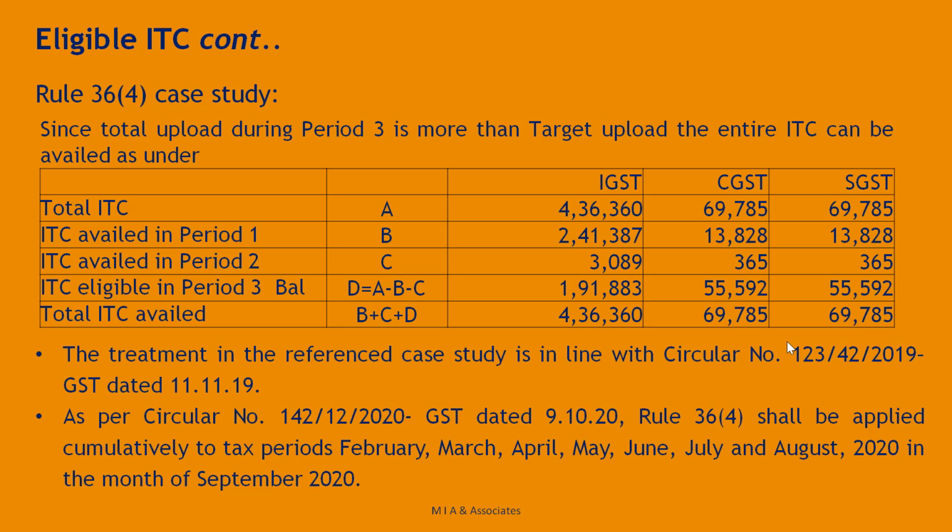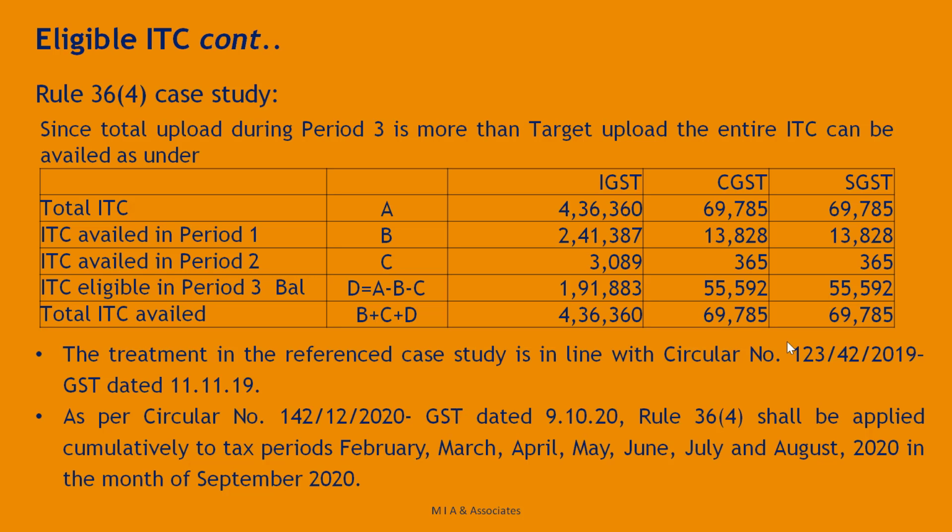during the current COVID crisis, notification 13/2021 dated 1st May 2021 has been issued, allowing cumulative application of Rule 36(4) for the months of April and May 2021. So therefore, individual assessment of invoices for April 2021 is not required in view of this notification.